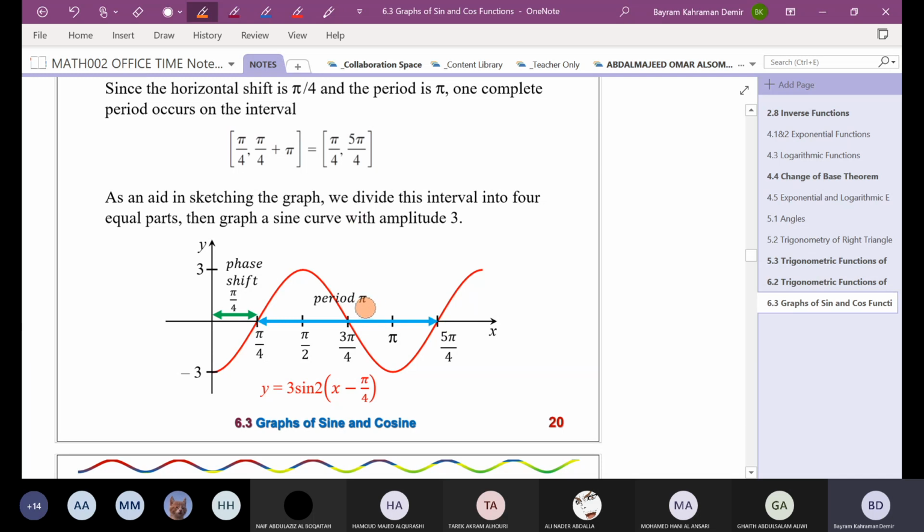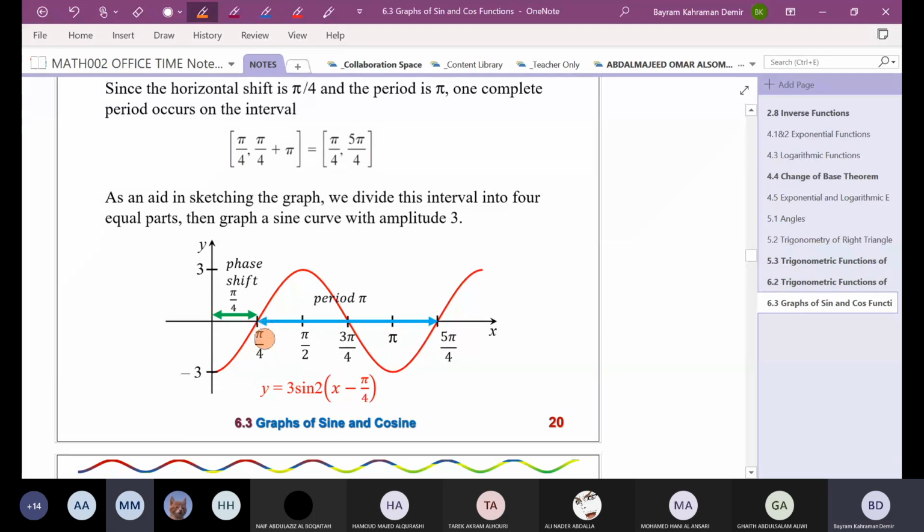Well, I know the period is pi, right? We calculated. So the period is pi. Well, the first point is pi over 4. This last point will be 5 pi over 4. Can anybody tell me how I found this 5 pi over 4? Because you added pi.